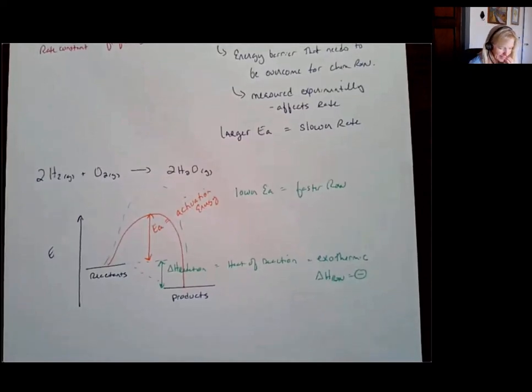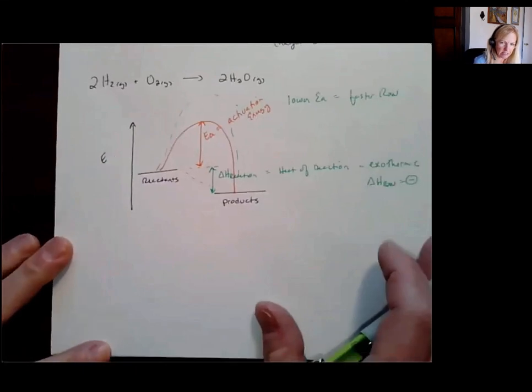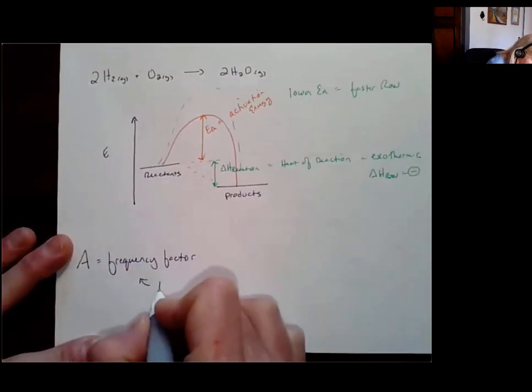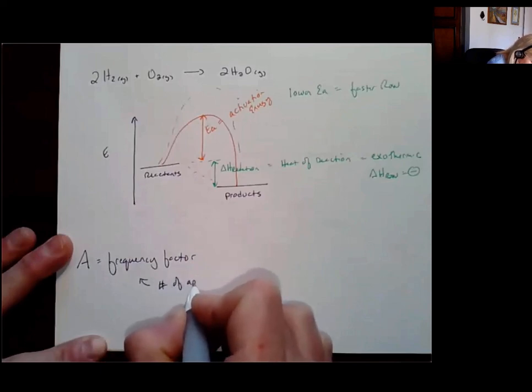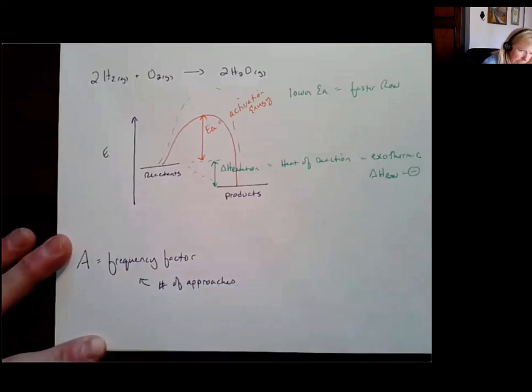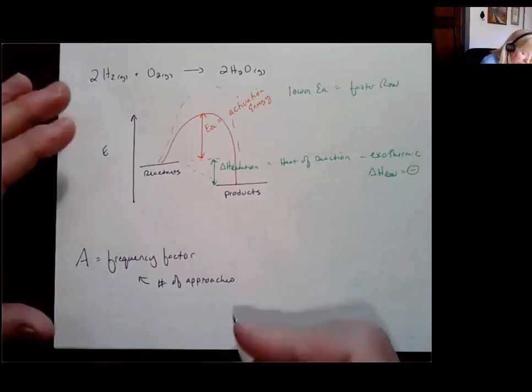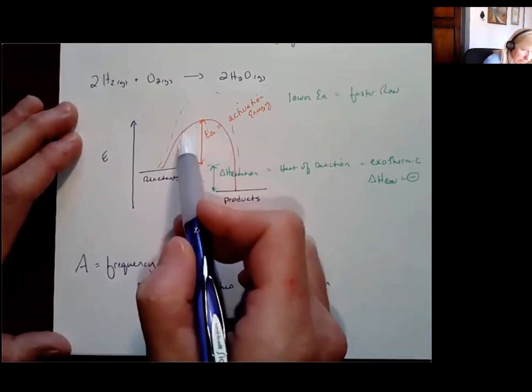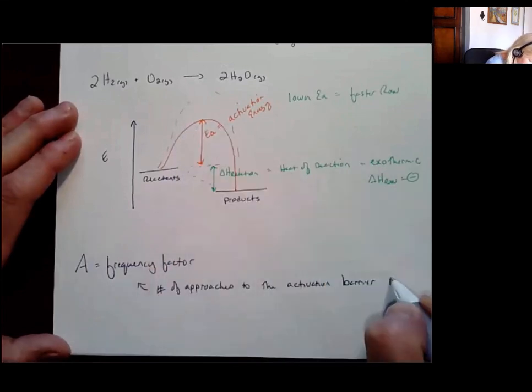So let's talk about A, the frequency factor. It's kind of a catch-all. So it catches in there the number of approaches. Remember, we're talking about collision theory here. So the number of approaches to the activation barrier, that's this guy here, per unit of time.